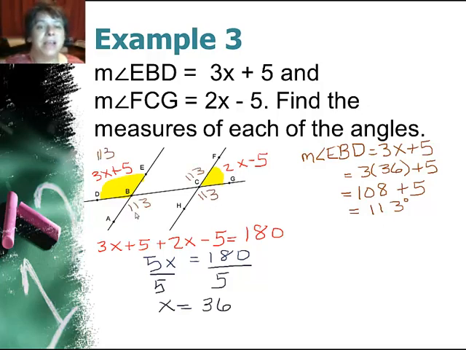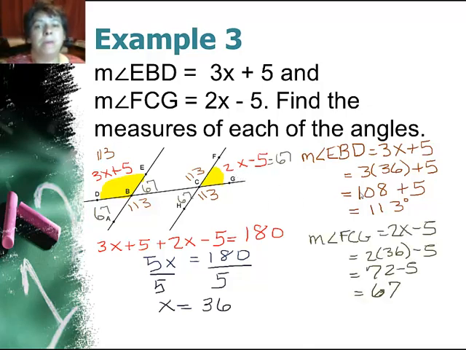Then I can take that to the vertical angle and the corresponding angles to see that all the obtuse angles are 113. Now I can find the acute angle by substituting in the 36 for the 2x minus 5, and I find out it is 67 degrees, which makes sense because 67 plus 113 should be 180.